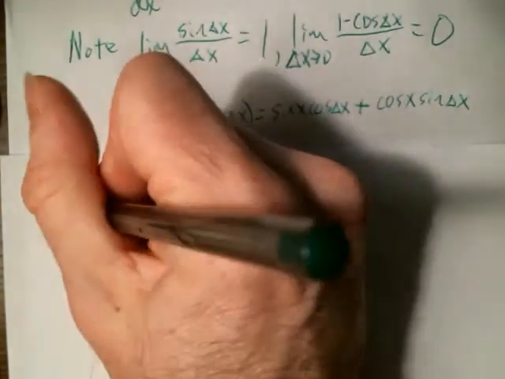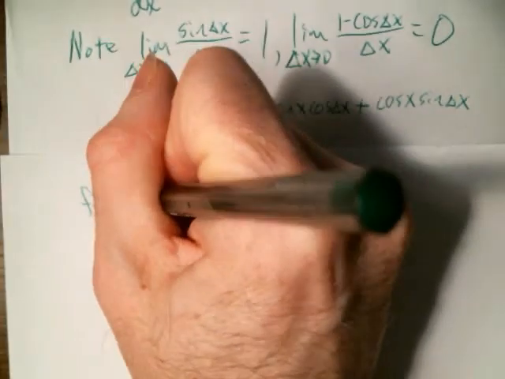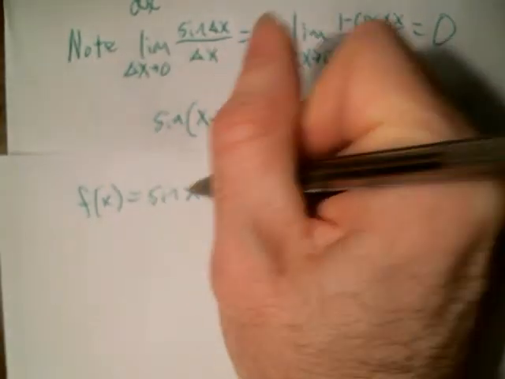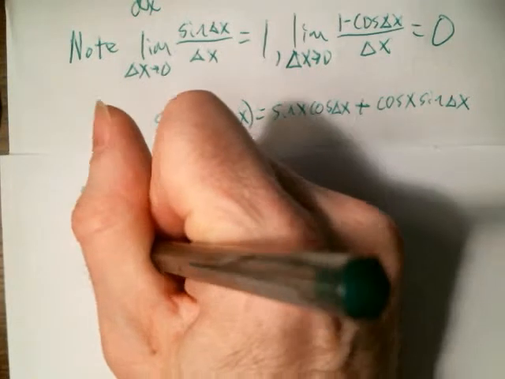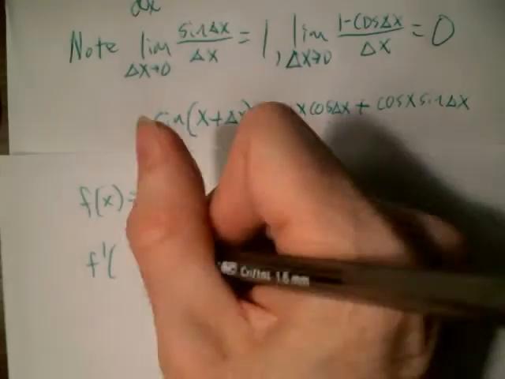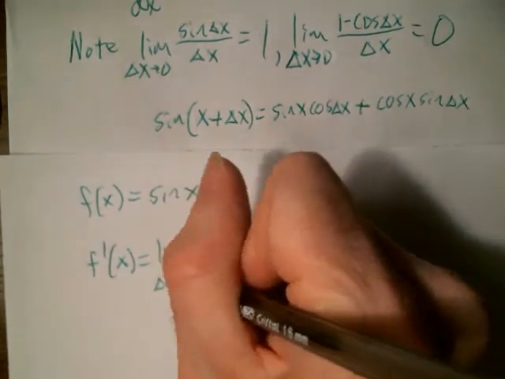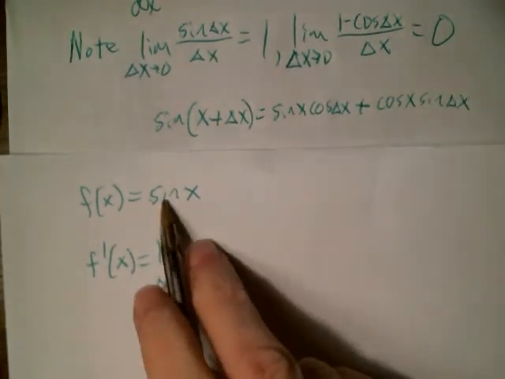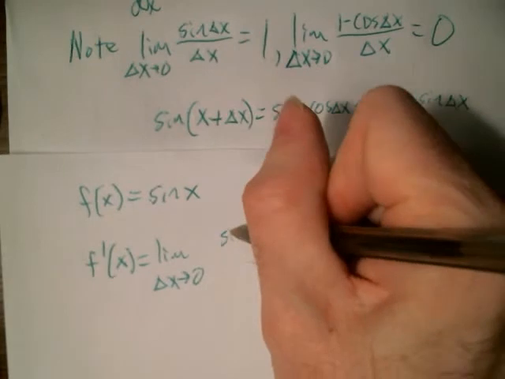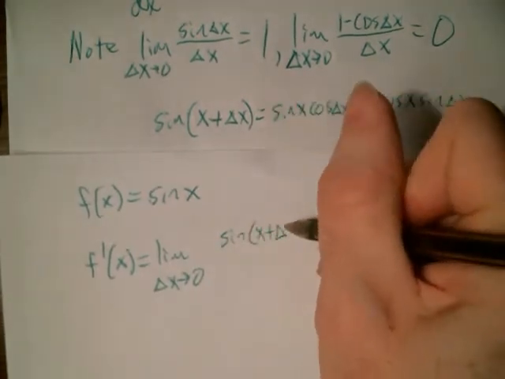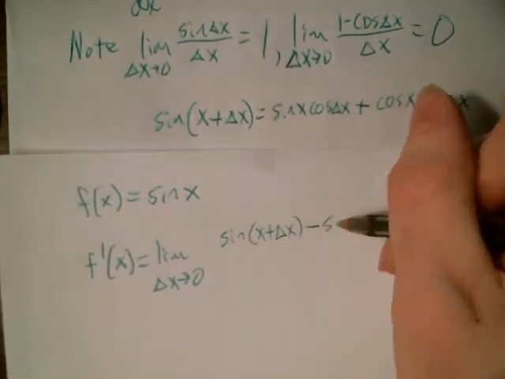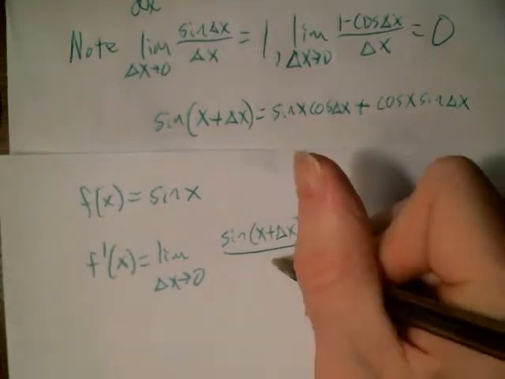let's take a look. So given f of x equals sine x, I want to show that f prime of x is equal to cosine x. Okay, so f prime of x will be the limit as change in x goes to 0 of f of x plus change in x minus f of x, so I'll have sine of x plus change in x minus sine of x all over change in x.